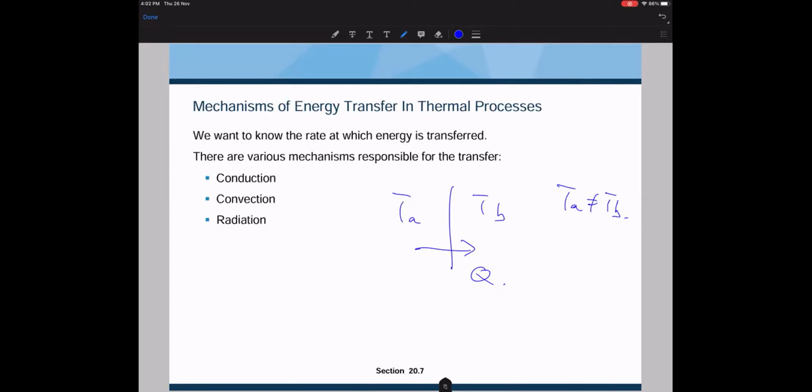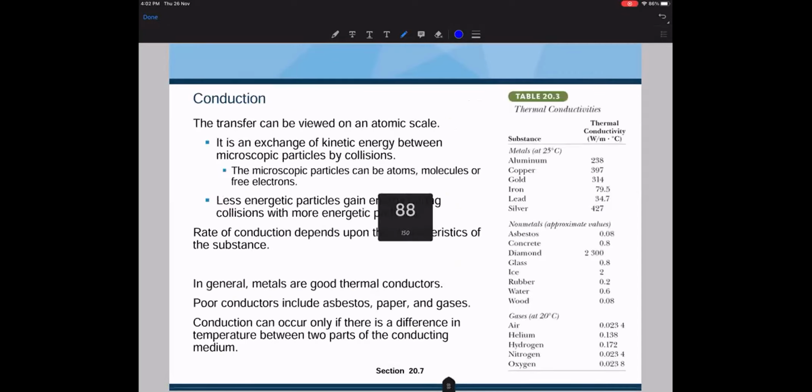You probably have learned them before: conduction, convection, and radiation. We will not go into the mathematics. They are labeled as optional, so this is just a very quick revision of the concepts.